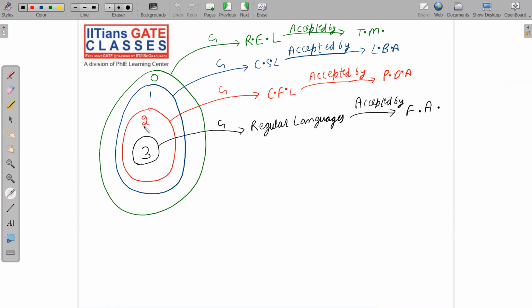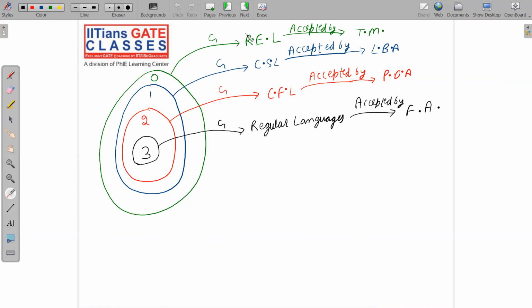Type 2 grammars generate a class of languages known as CFL, or context-free languages, and context-free languages are accepted by PDA, or push-down automata. Type 1 grammars generate context-sensitive languages, and context-sensitive languages are accepted by linear bounded automata.